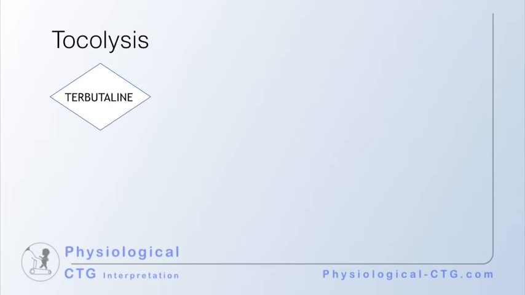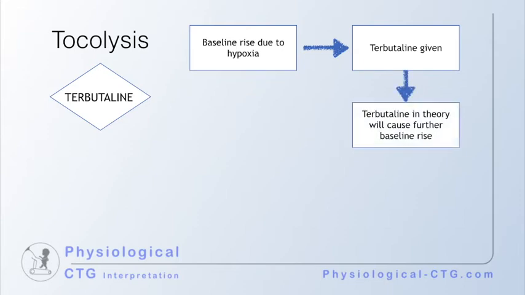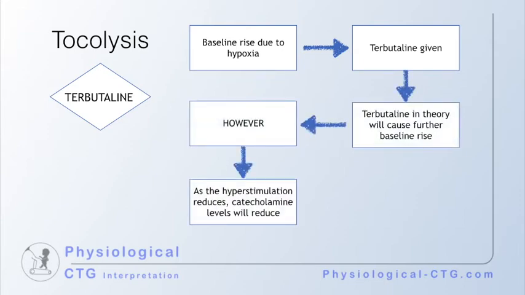Terbutaline will have an effect on the fetal heart rate, and it's important to understand the mechanism by which this happens and the pattern that you're expecting. There will be a baseline rise in place already due to the hypoxic stress. We then give terbutaline, which will in theory cause a further rise in the baseline. However, as the hyperstimulation reduces, the catecholamine levels released by the fetus will also reduce.